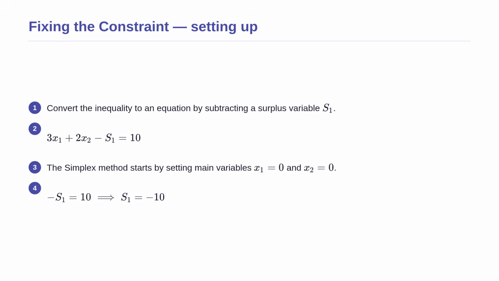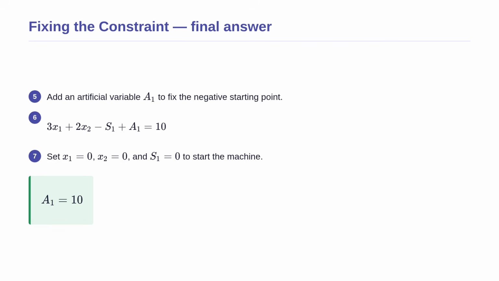We are stuck. To fix this broken starting point, we introduce our mathematical scaffold. We add an artificial variable, a1, to the left side of the equation. Now, we again set our main variables, x1 and x2, to 0. We also set the surplus variable, s1, to 0. This leaves us with a1 equals 10.